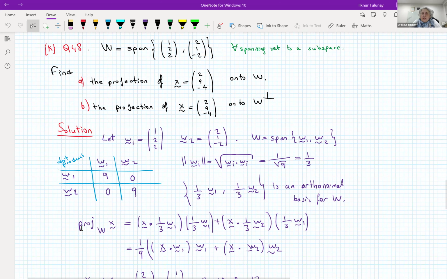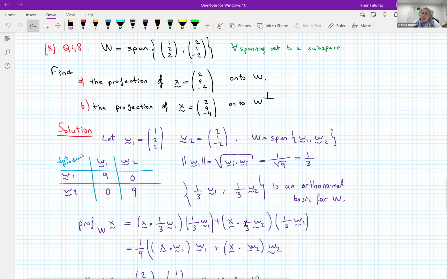The definition says the projection of this X vector on W is X dotted with the first orthonormal basis vector, times that basis vector itself. This is a dot product, so this will give us a real number, and this is a vector, the first orthonormal basis vector.